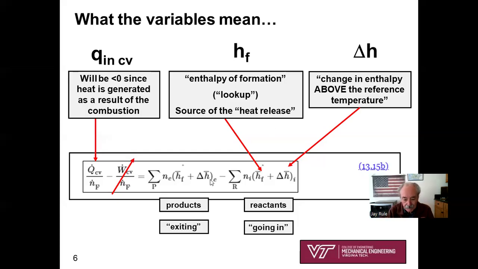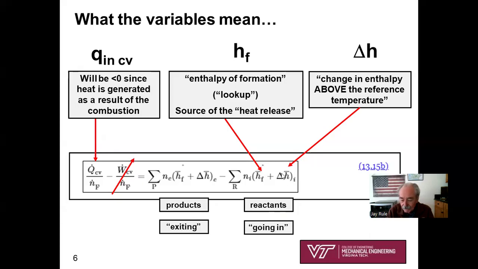Okay, so delta H means the exiting enthalpy of all the little constituents going out per mole, kilojoules per kilomole because of the bar, above a reference temperature that you, the engineer, set. Okay, over here, delta H bar of the reactants.